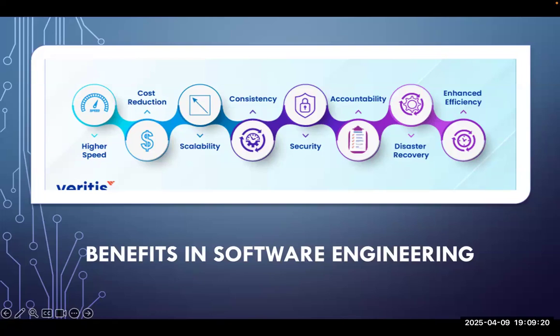Additionally, IaC contributes to cost efficiency by enabling auto-scaling and resource optimization. Instead of over-provisioning resources, organizations can use IaC to automatically adjust infrastructure based on demand, reducing unnecessary expenses. Disaster recovery is another major benefit. Since infrastructure definitions are stored in version control, teams can quickly redeploy environments in cases of failures, ensuring business continuity.